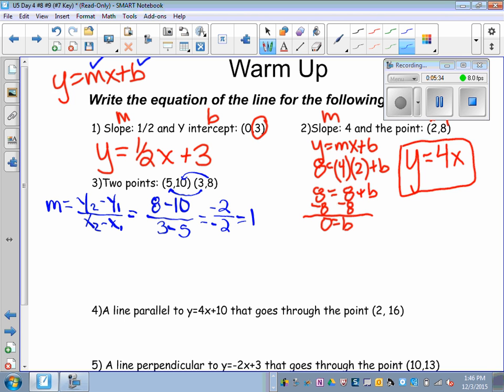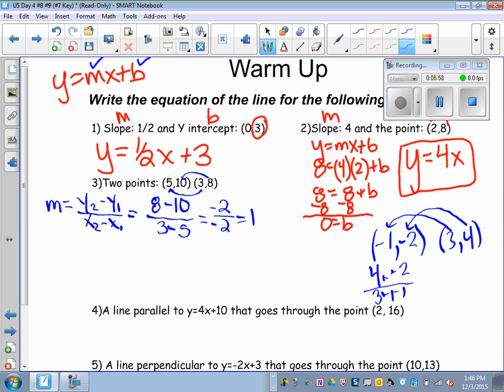So let's say, for example, I had the point (-1, -2) and (3, 4). When I subtract these, I have 4 minus a -2, and 3 minus a -1. Make sure you're careful that you don't lose your negatives. Minus a negative becomes plus a positive.